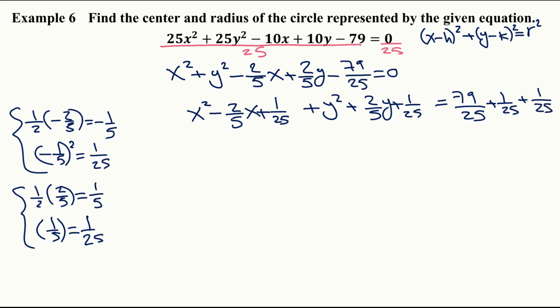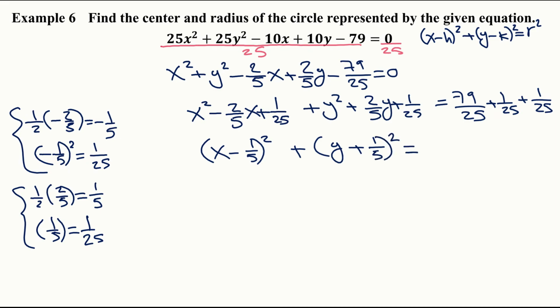So here now we have a perfect square trinomial. It's the square of x minus 1/5. Be careful. Remember, this sign will tell you what that sign is going to be as well. So minus 1/5, and then you square that, and then plus, we have a perfect square trinomial here. It's the perfect square of y plus 1/5 this time.